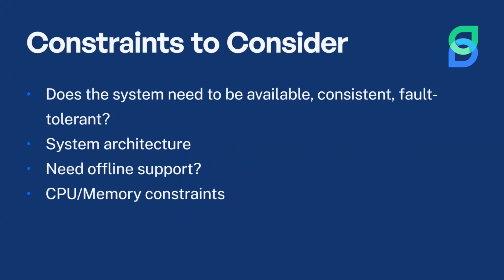Some of the questions that we may want to consider are: what are the CAP properties, so the consistency, availability, and partition tolerance properties of the system? What's our system architecture? Is it client-server, peer-to-peer? Do we need to support offline capabilities? Do we have any CPU or memory constraints?